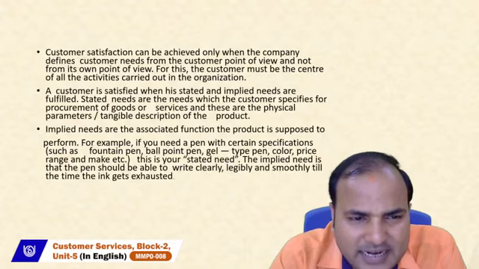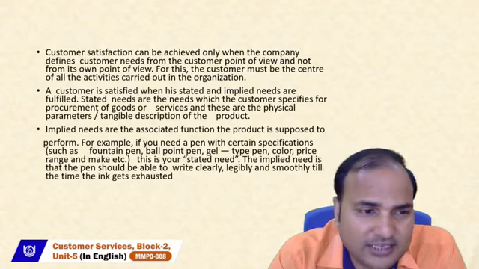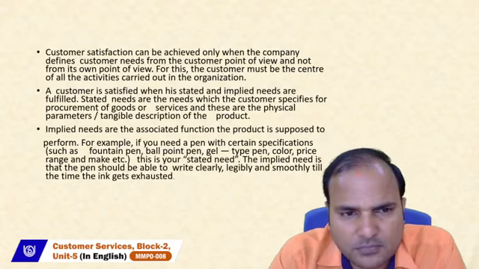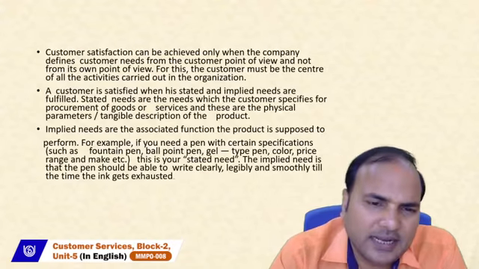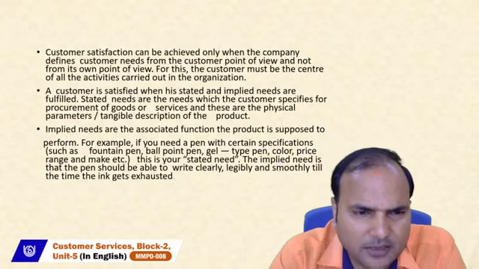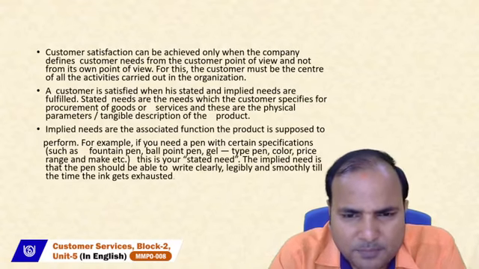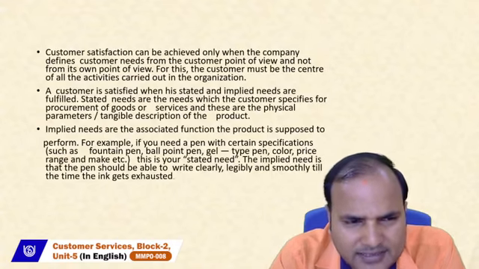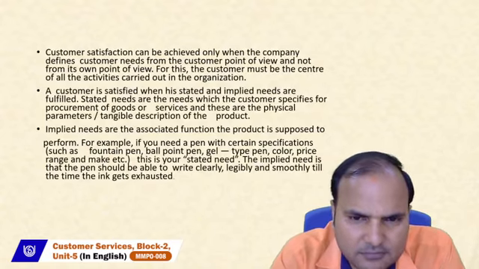Also, the implied needs are associated functions the product is supposed to perform. For an example, if you need a pen with certain specification, such as any fountain pen, or ballpoint pen or gel pen, the type of pen, color, price range, and make, etc. This is your stated need.